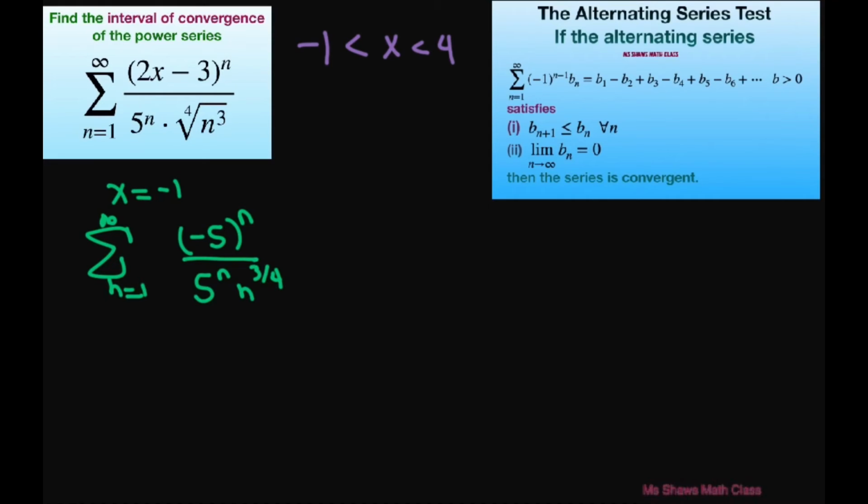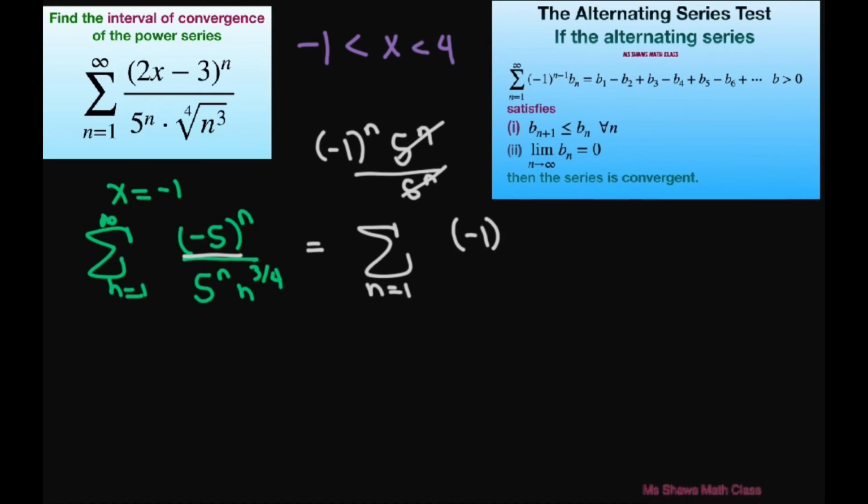Now, using the alternating series test, I can write this as negative 1 to the nth times 5 to the nth divided by 5 to the nth. So these would cancel out, and you're going to get (negative 1) to the power of n divided by n to the power of 3/4.